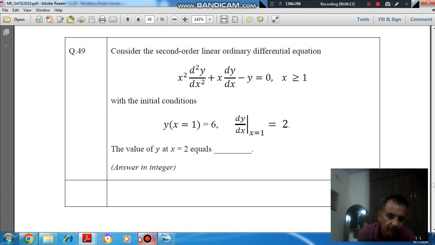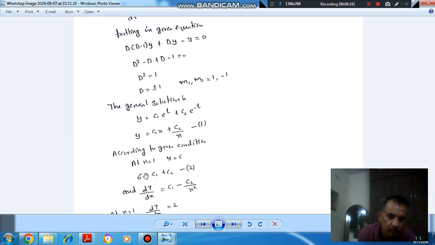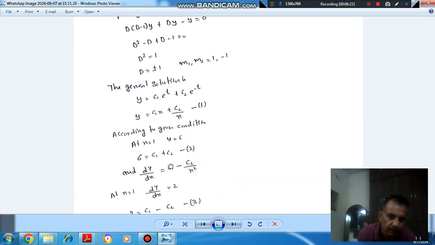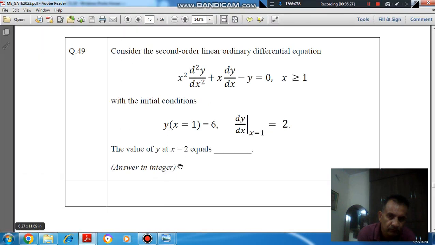So now according to the given conditions, when x is 1, y is 6. So c1 plus c2 is 6. And when x is 1, dy by dx is 2.